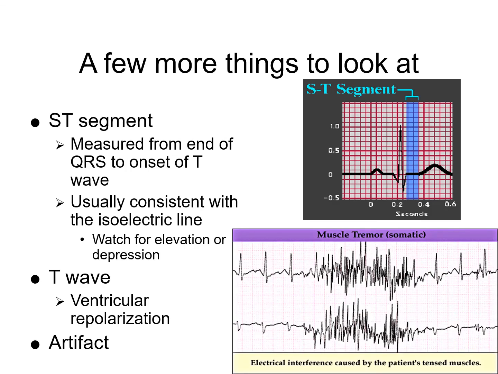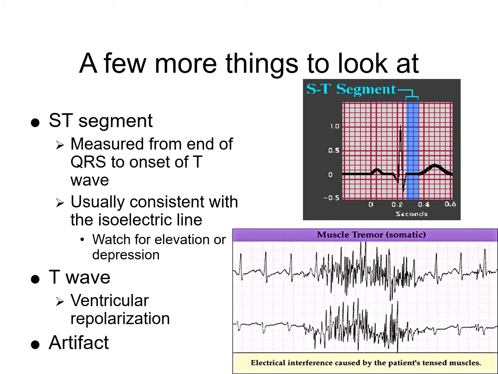Alright, a few more things to consider here is your ST segment. Your ST segment represents the early beginning of ventricular repolarization, after the ventricular depolarization. It's measured from the end of the QRS to the onset of the T wave.